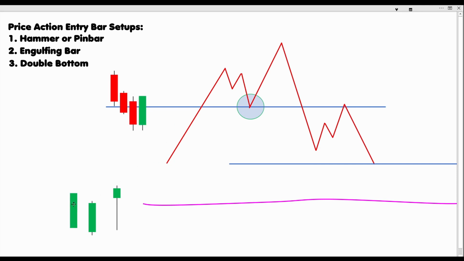The engulfing bar has to close above the support level, as I take these trades.